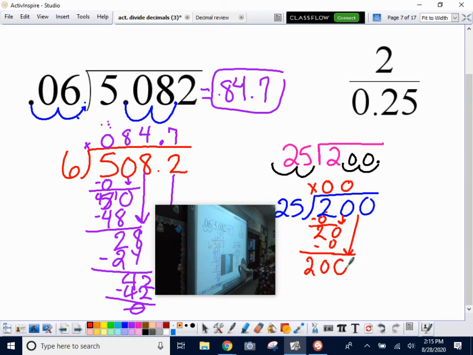Bring down the last 0. 25 into 100. Look, into 200 is 8. Hopefully you got 8. And 8 times 25 is exactly 200. So 2 divided by 2500ths is actually, remember those zeros are not needed because they're before the whole number. So it equals 8.